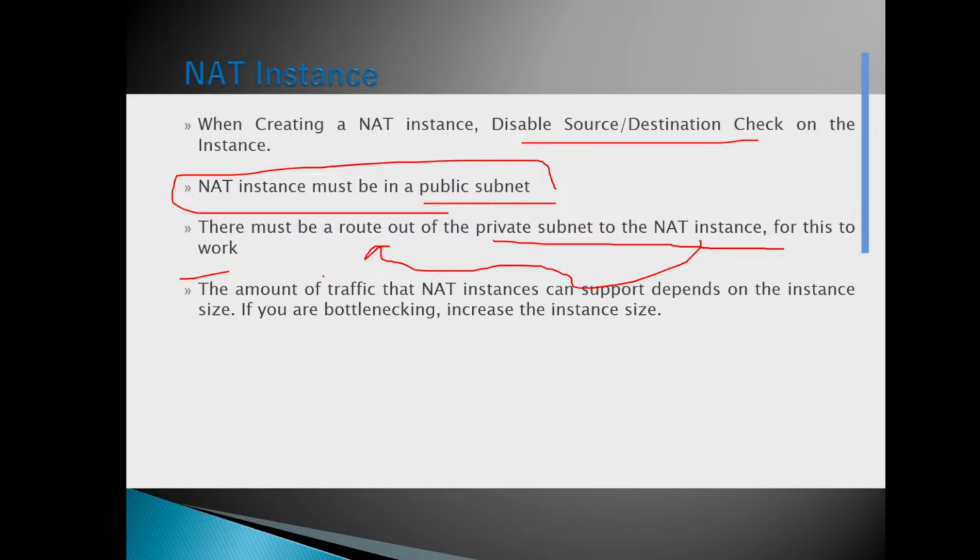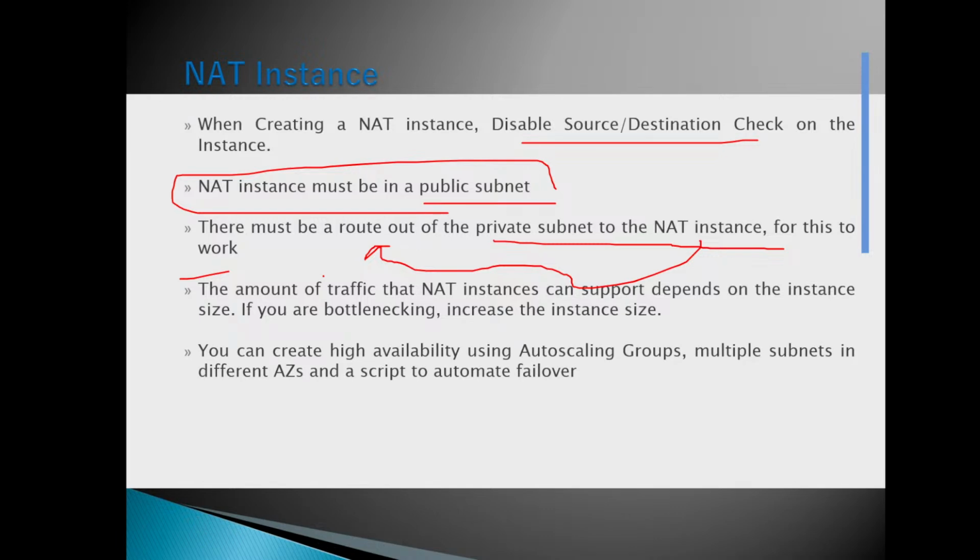The amount of traffic that a NAT instance can support depends on the instance size. It is an EC2 machine. It's a proxy server. If you are bottlenecking, increase the size. You can create high availability using an auto scaling group, multiple subnets in different availability zones, and set up automatic failover.